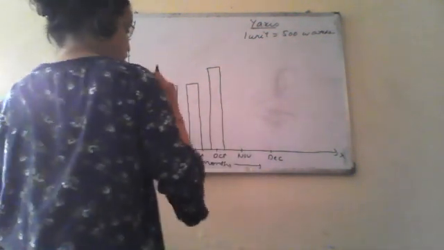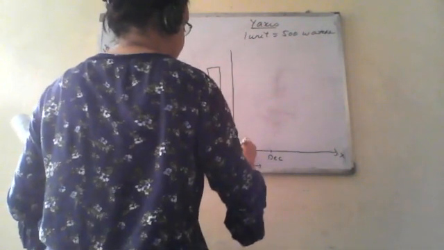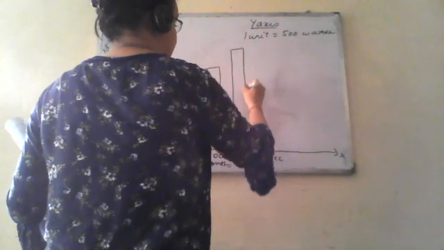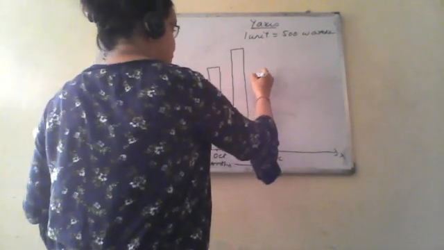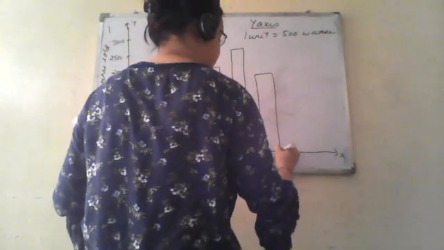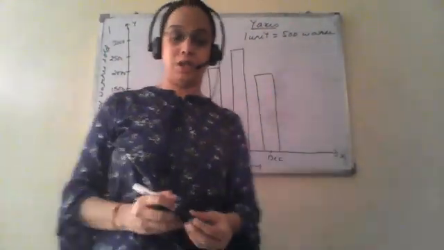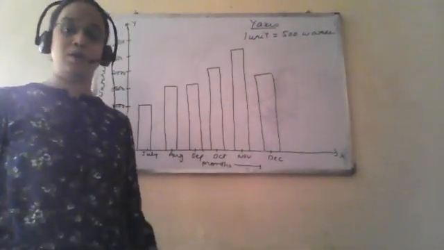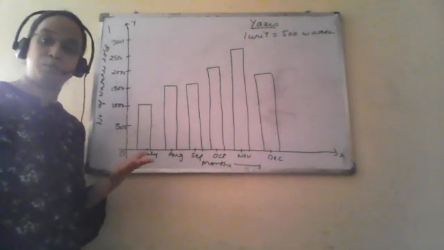November has 2500. In December we again have 1500. This way you have to plot the number of watches sold in different months. I hope it is clear how to plot a graph.